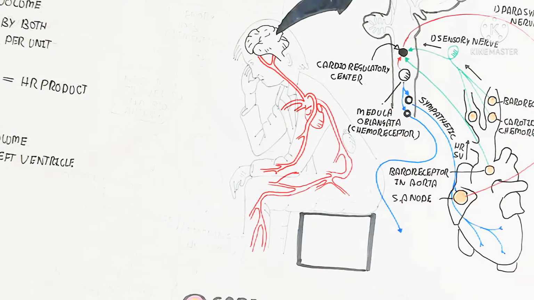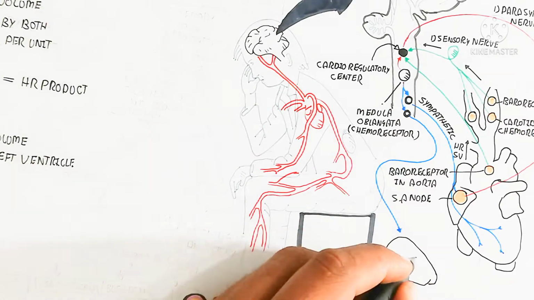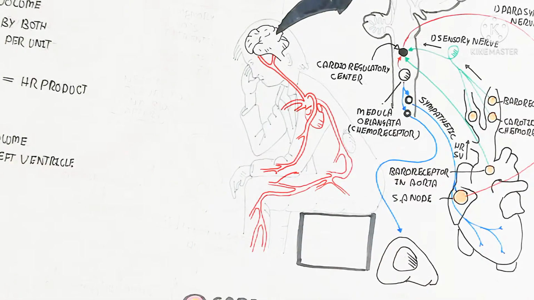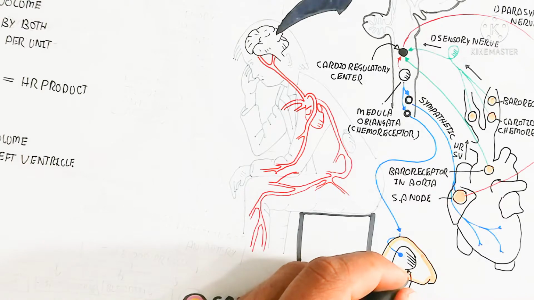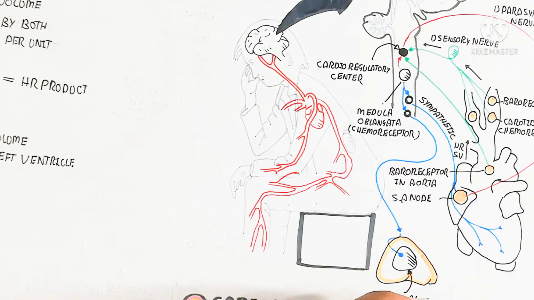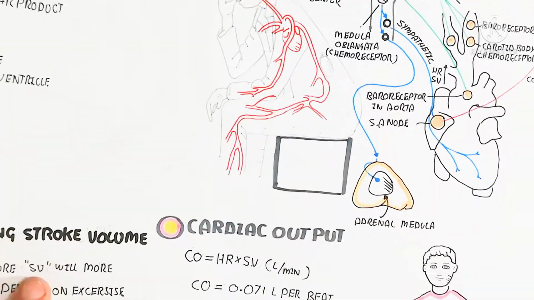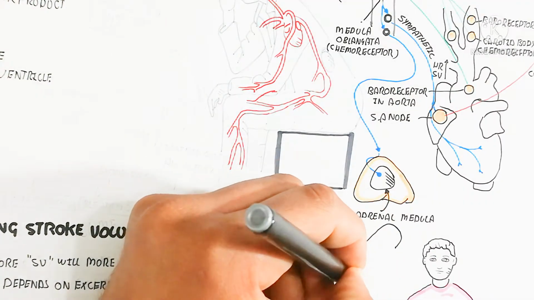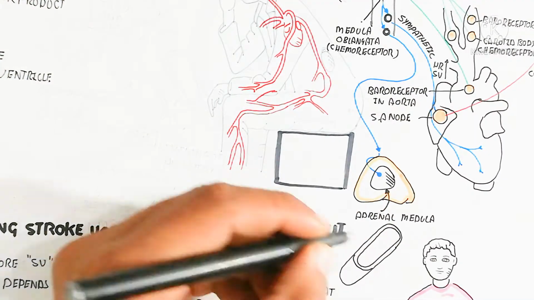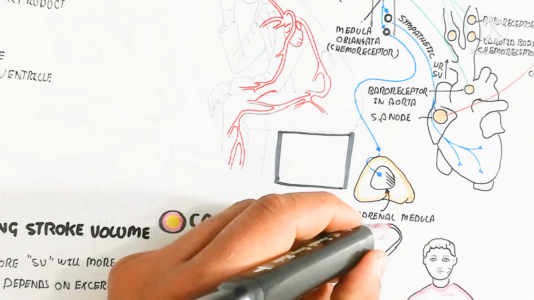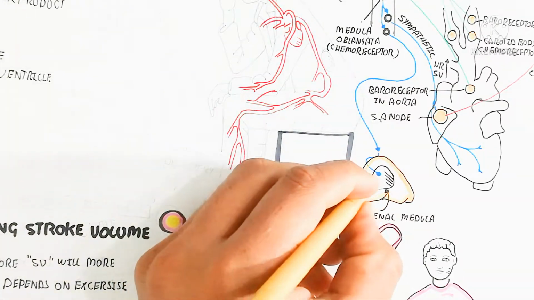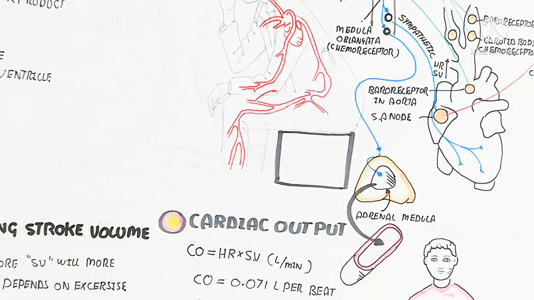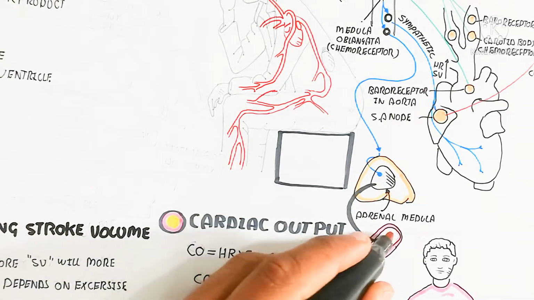The sinoatrial node is attached to the sympathetic nervous system, which regulates the heartbeat. For example, the sympathetic nervous system will increase the heartbeat and also target the adrenal gland when the sympathetic stimulation is prolonged. In this way, the adrenal medulla produces hormones from the medullary part of the adrenal gland into the blood circulatory system, which is known as the endocrine system.